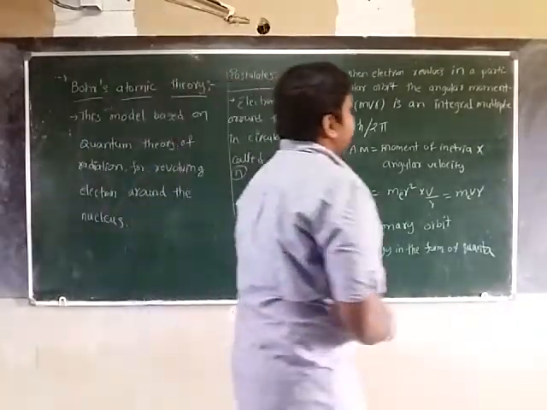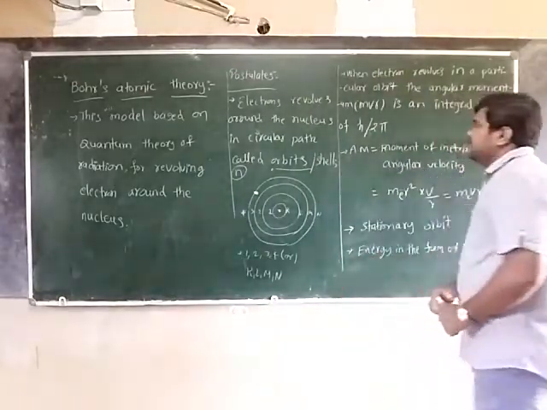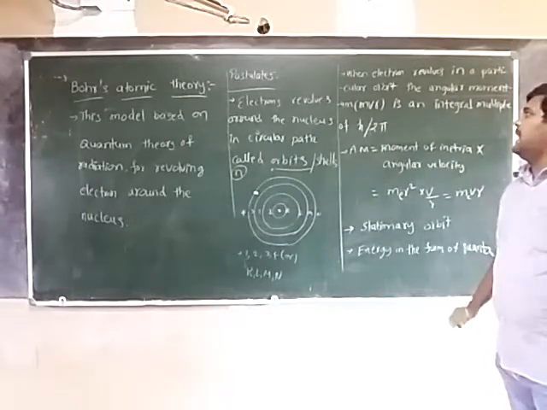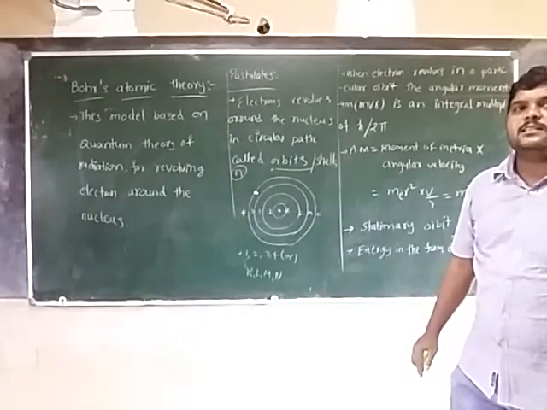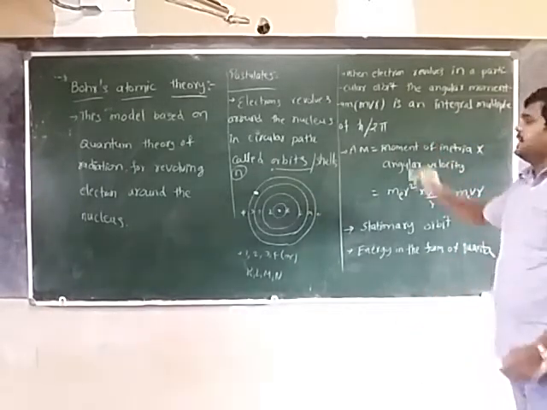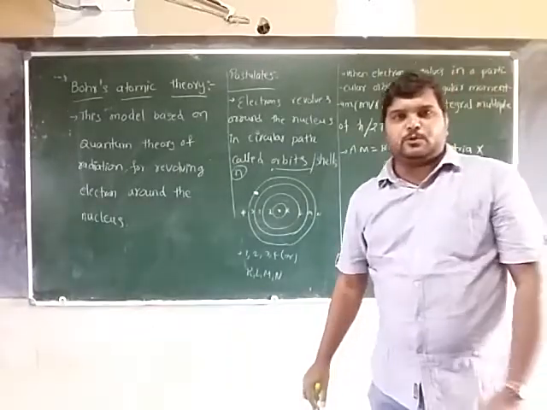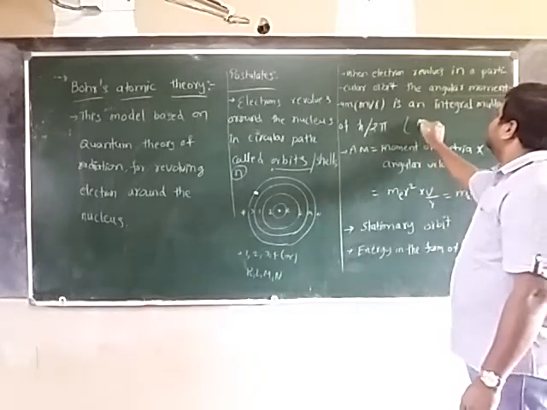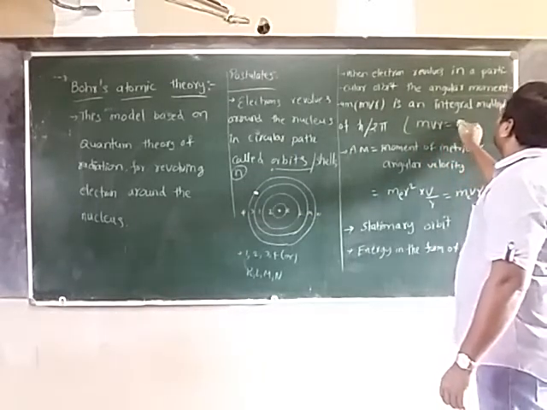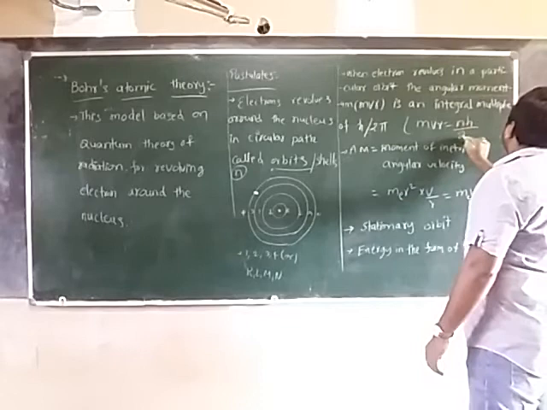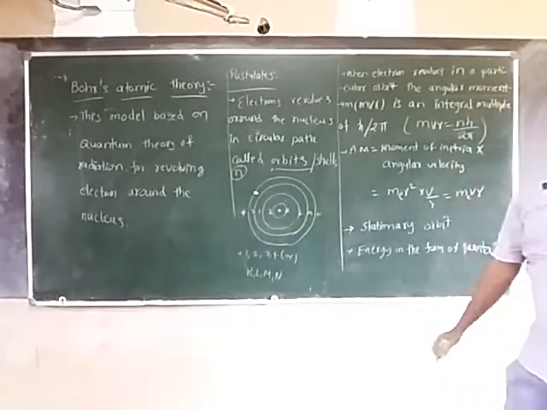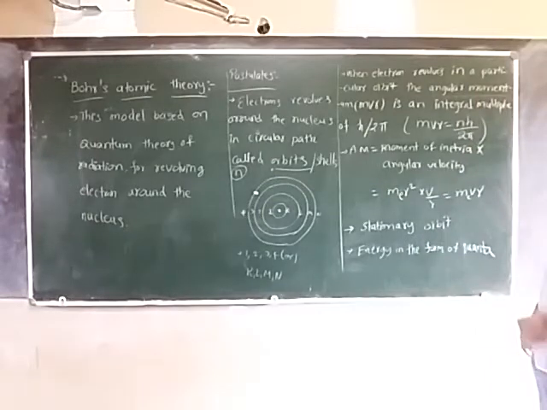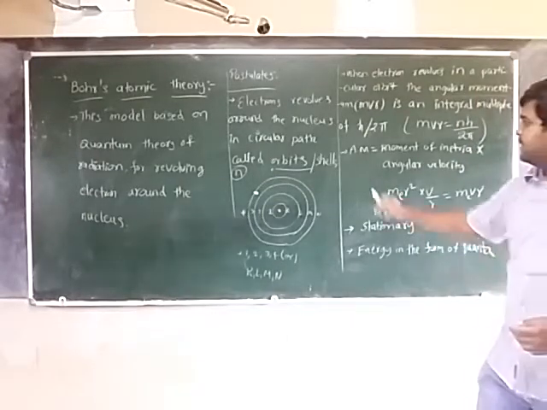Next, when electrons revolve in a particular orbit, the angular momentum is an integral multiple of h by 2 pi. That is mvr is equal to nh by 2 pi. So what is the angular momentum?